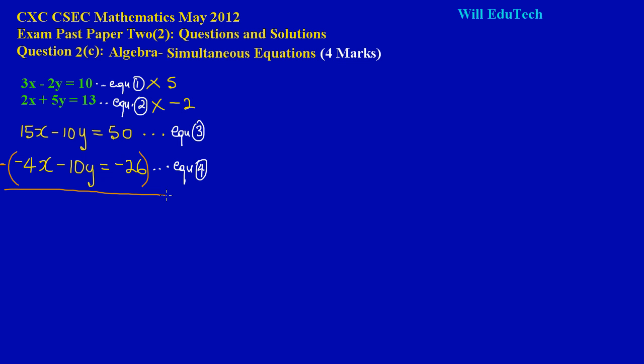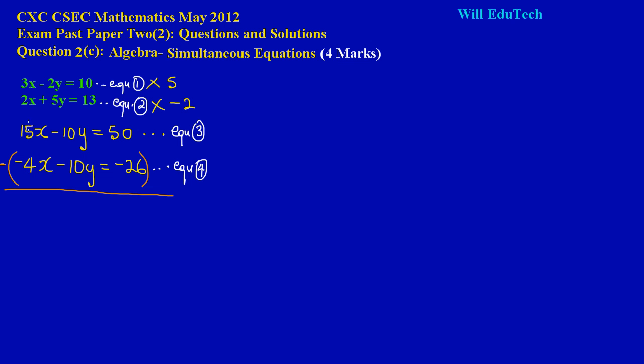And then I'm going to draw my line. Now, remember, when a negative sign is in front of a parenthesis or bracket, it means that you're going to change the sign on everything inside the brackets. Now, I have a negative 4x here, so this negative 4x will become a positive 4x.